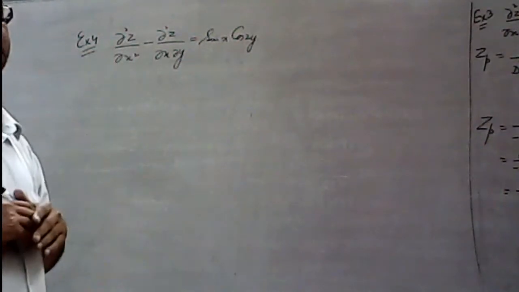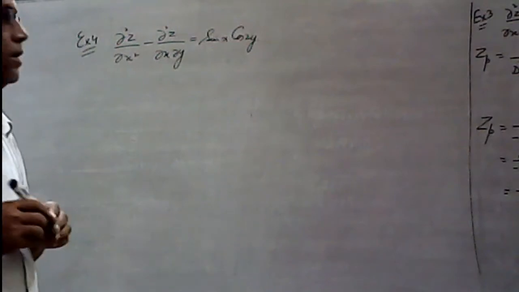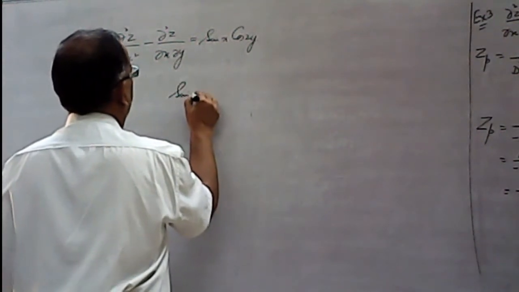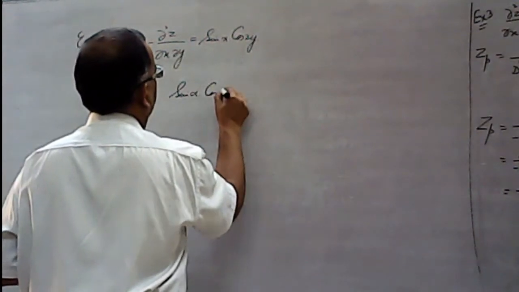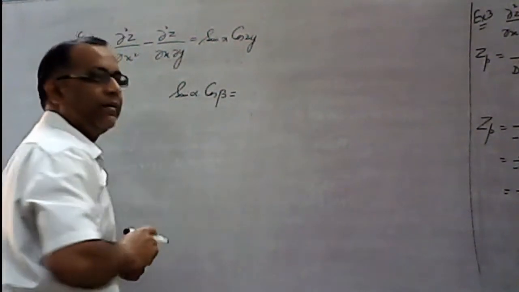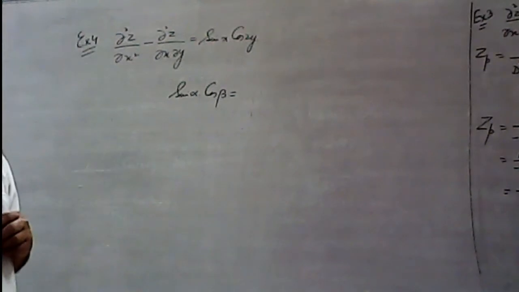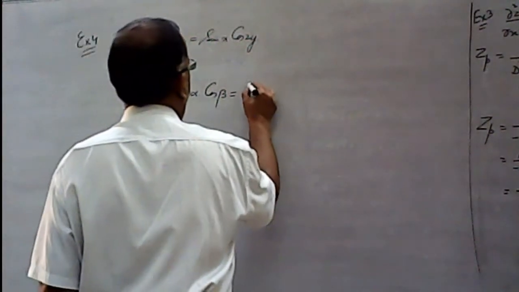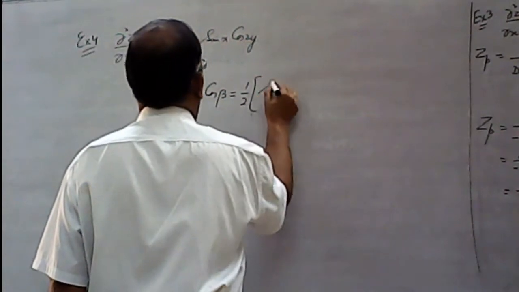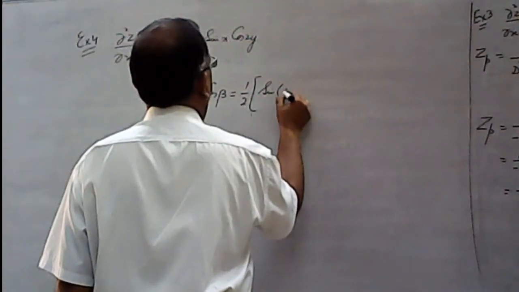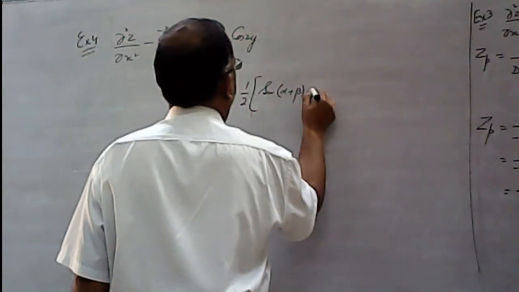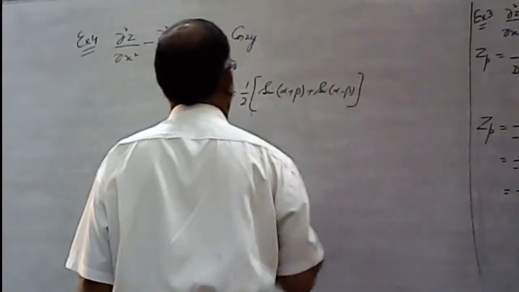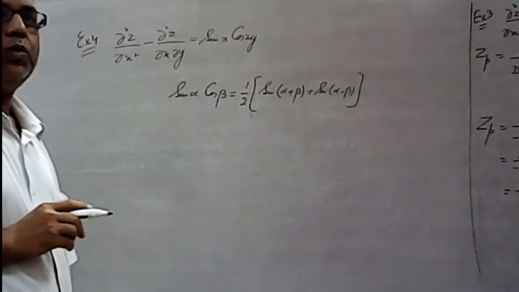So there are two possibilities here. Possibility number 1: if you know the product-to-sum formula of trigonometry, sin α cos β equals 1/2 [sin(α+β) + sin(α−β)], we can use this formula.